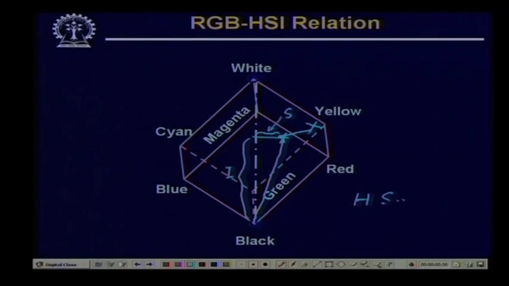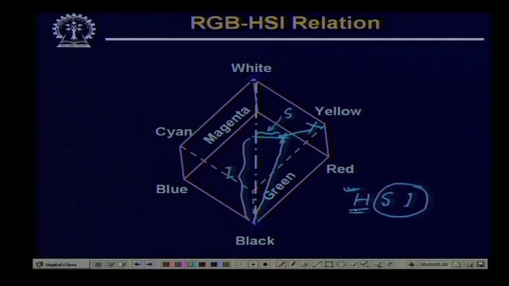So, out of hue, saturation and intensity, we have been able to compute the saturation and intensity very easily. The next component which is left is the hue component. Now, for hue component computation, the concept is slightly more complicated.